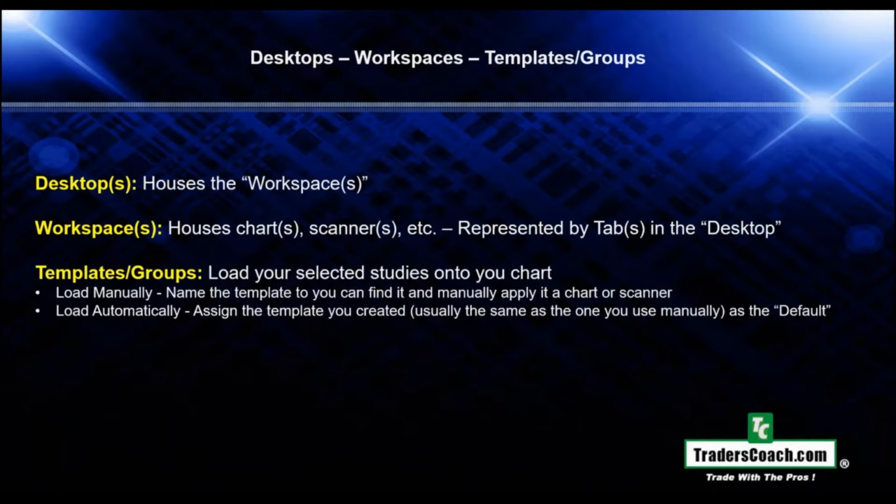So they're called groups in some charting platforms and just the word templates in others, but they're the same thing. Basically they're going to load your selected studies onto the chart. Then you can create a template and it can sit there for when you need it. And then if you open up a chart, you can actually load that template manually, or it can be loaded automatically.